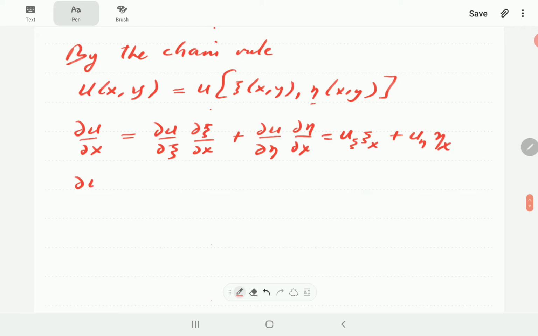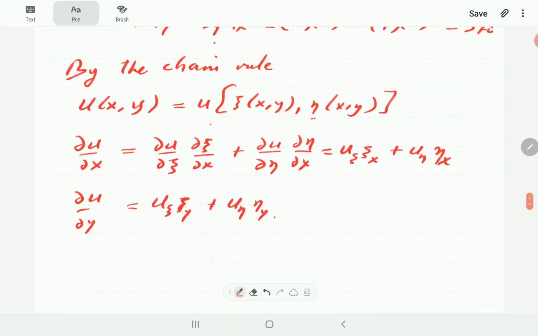Similarly, the derivative of u with respect to y is u xi xi y plus u eta eta y. It's exactly the same, but every x is replaced by y.